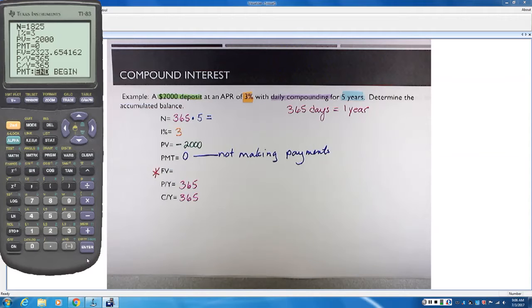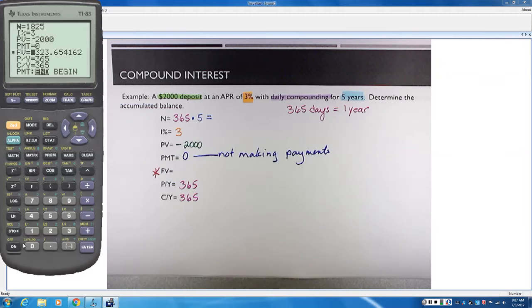The present value was our $2,000 deposit. That's already in there, so I'll leave that where it is. We're making no payments. And we have 365 times a year and 365 times a year for this 365 days in a year. So we go back to the future value and we hit alpha, enter to solve.